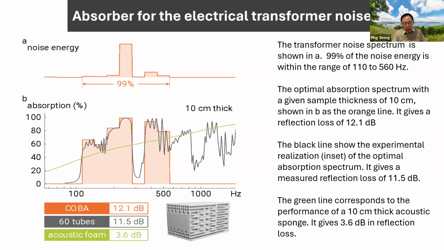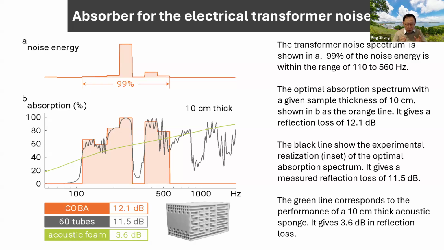You can absorb 12.1 dB. And in the bottom right, you can see a photo of the absorber actually fabricated using 3D printing, using 60 tubes, and they are all folded. They are of different length, of course, but they are folded into a compact rectangular solid.